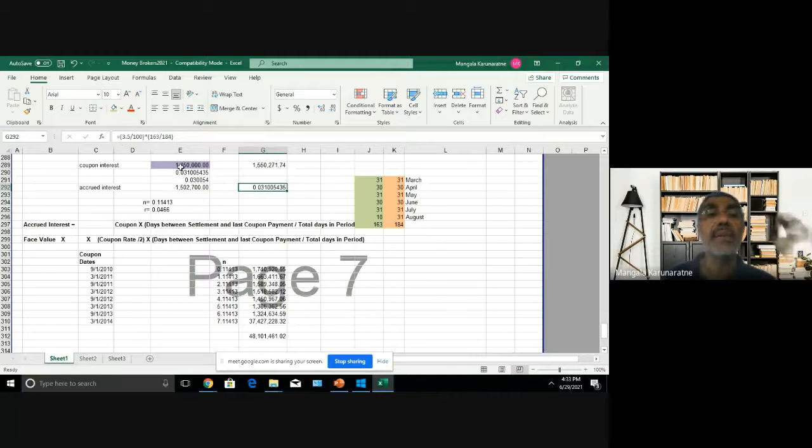That is 50 million into 3.5%, or 7% divided by 2. So I straight away took 3.5. It's straight division, no? So you get 1,750,000.